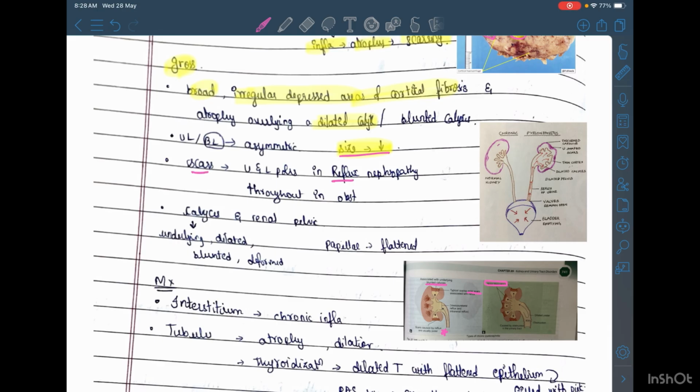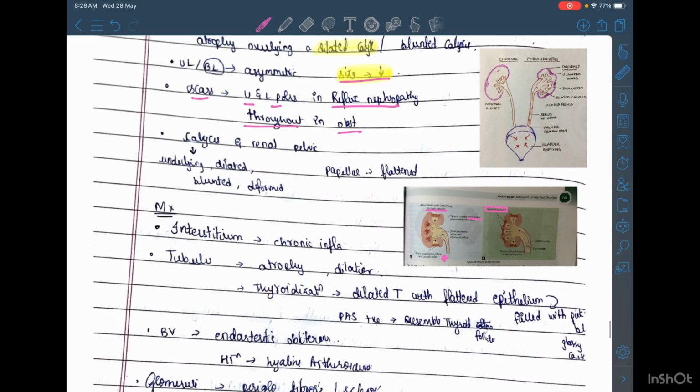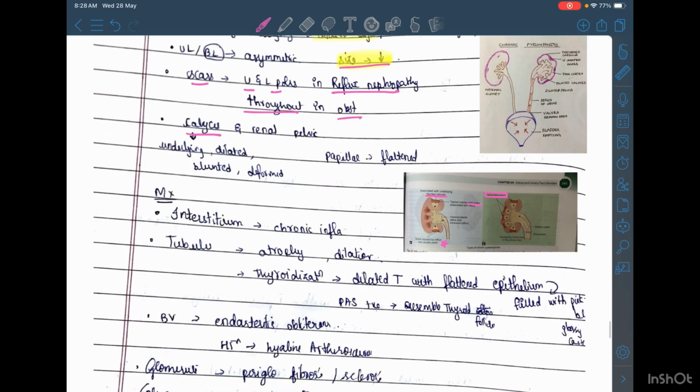Scars in reflux nephropathy are at the upper and lower pole, but in obstructive they are throughout. The calyces will be blunted or dilated, and the papillae will be flattened.